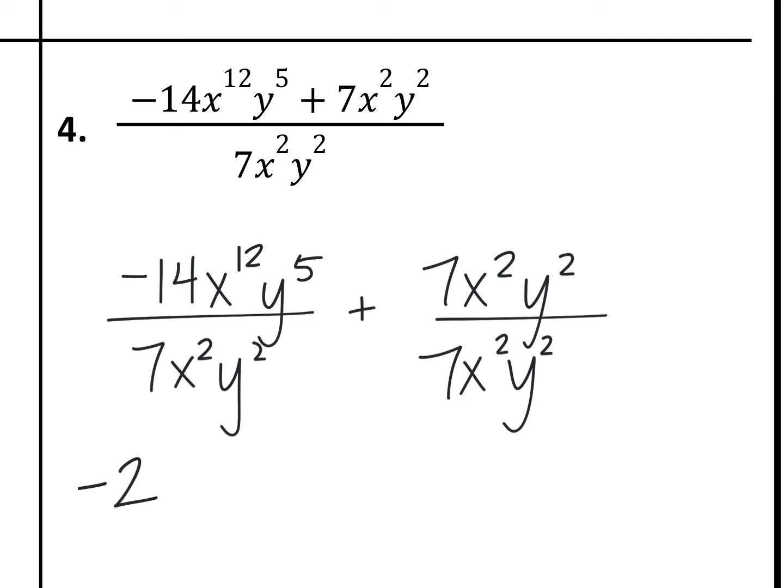And now we will do our x's. We subtract, and we get x to what power? 10. Because 12 minus 2 is 10. Now if you look at your y's, 5 minus 2 is 3, so it should be y to the third.